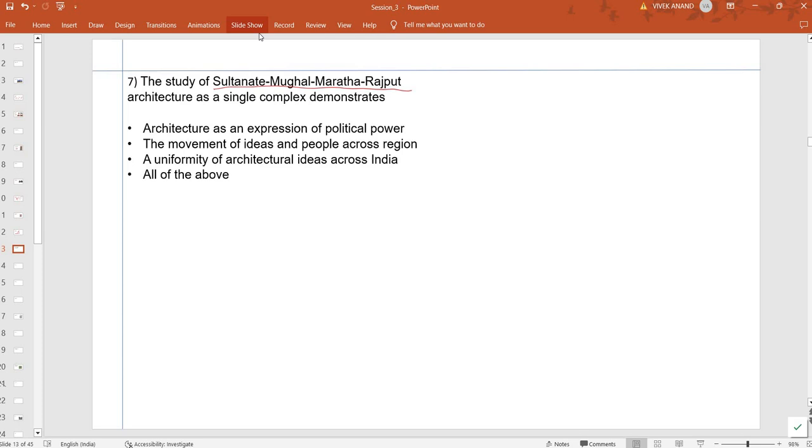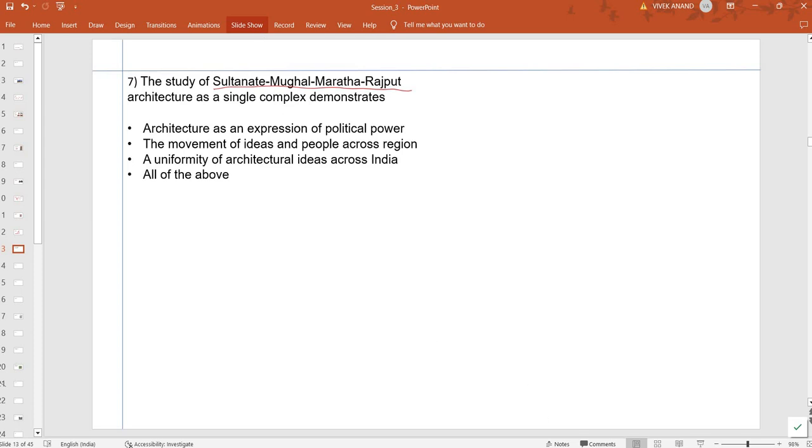Like if you see in Sultanate architecture, the construction of those victory towers like Chand Minar or Qutub Minar. For Mughals also, they built big mosques. Their tombs, they express their power in terms of big great tombs and citadels like the Great Fort.